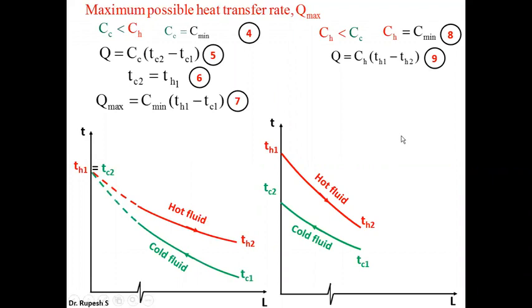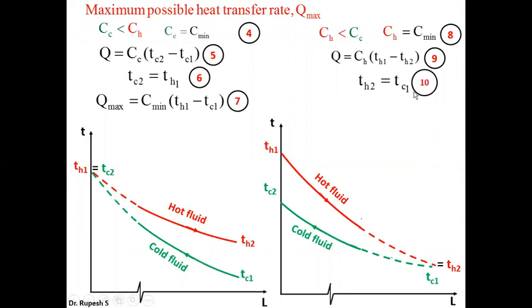Now, for a heat exchanger with infinite length, the cold fluid temperature profile will be like this. Since hot fluid has minimum heat capacity rate, the temperature change experienced by the hot fluid will be larger, and for a heat exchanger of infinite length, the exit temperature of the hot fluid becomes equal to the inlet temperature of the cold fluid, such that Th2 equal to Tc1.